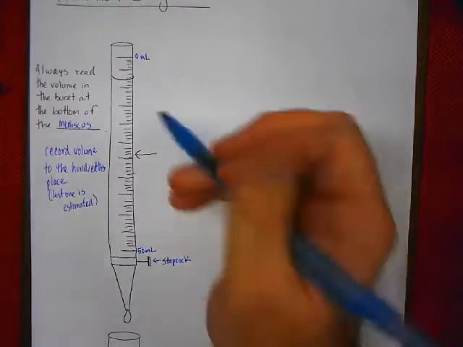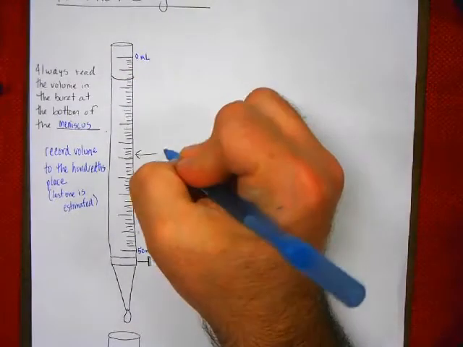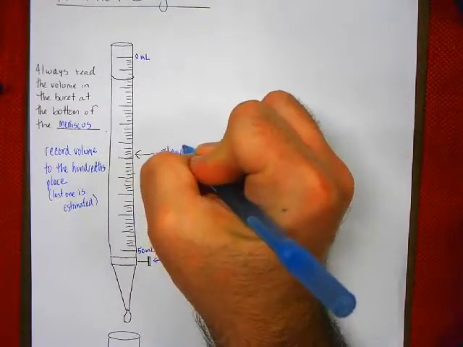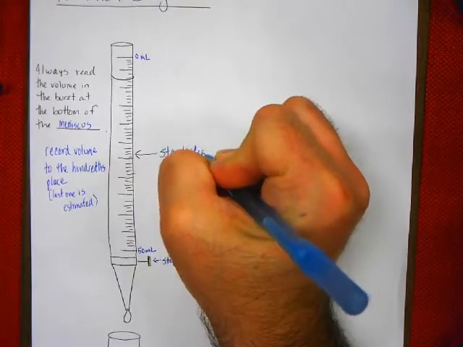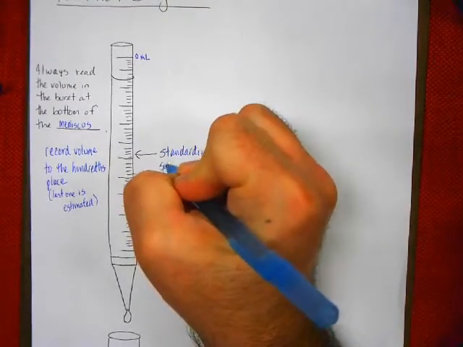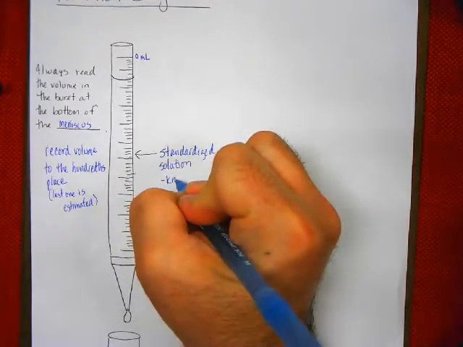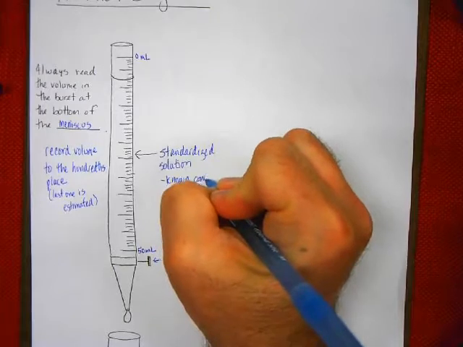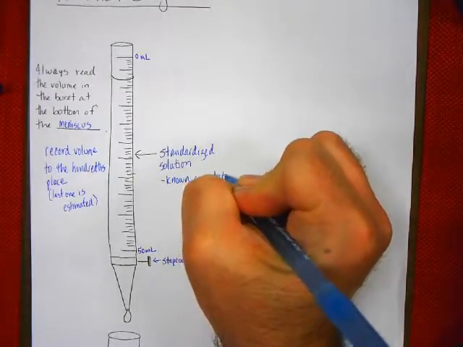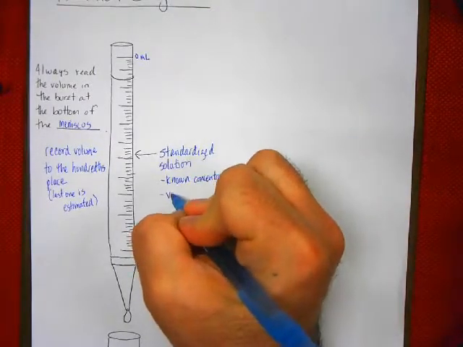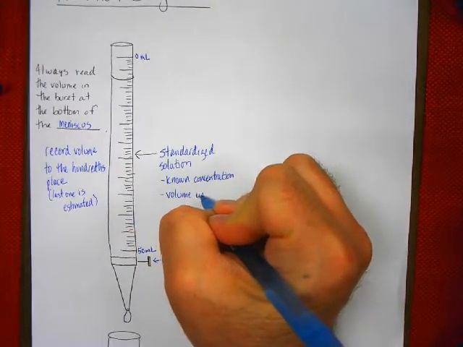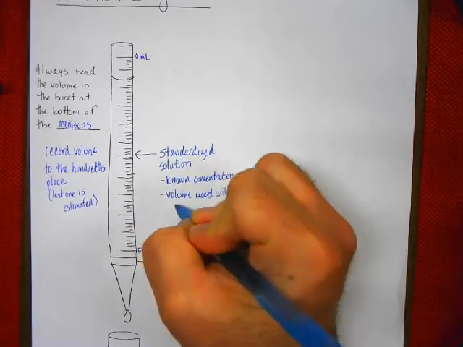So inside of this burette is going to be a standardized solution. In our previous video, we talked about what a standard solution was. So this one we are going to have a known concentration, and the volume used will be recorded.